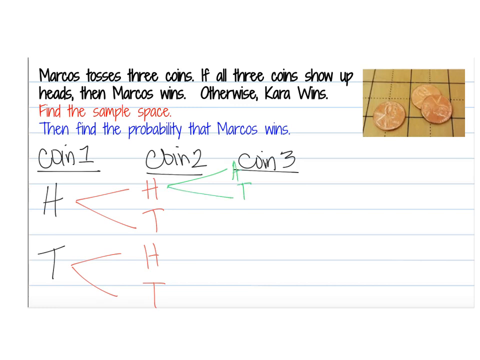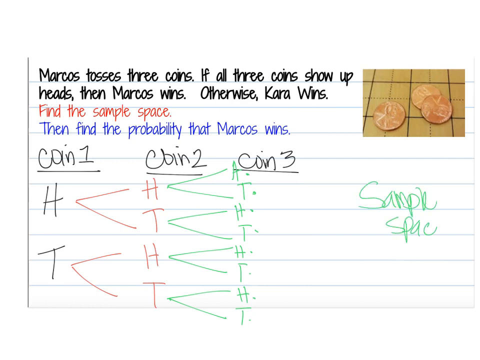But notice how I'm adding it on to each of the previous outcomes that we had said. So with this combination of throwing 3 coins, I can see that we have 1, 2, 3, 4, 5, 6, 7, 8 different options of what he would get if he throws 3 coins.